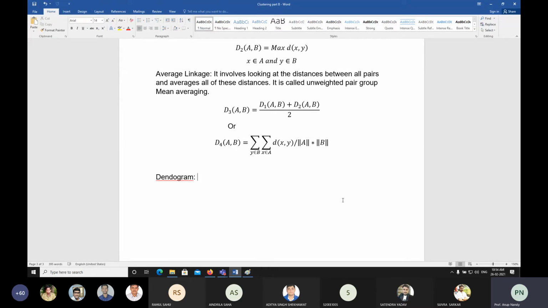Now, what is a dendrogram? A dendrogram is a tree structure which represents a hierarchical technique.